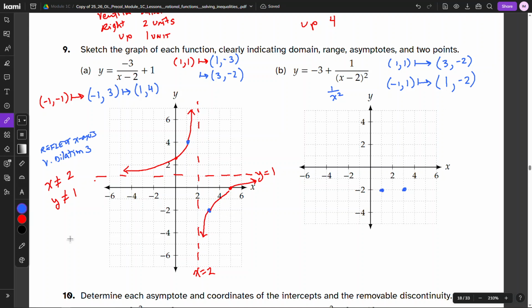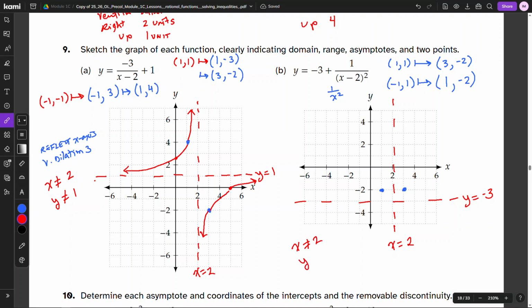So there's my points. My vertical asymptote got moved over to the right by 2 units. So that's x equals 2. Horizontal asymptote got moved down by 3 units. Y is -3. My domain, I know that x is not going to be 2.